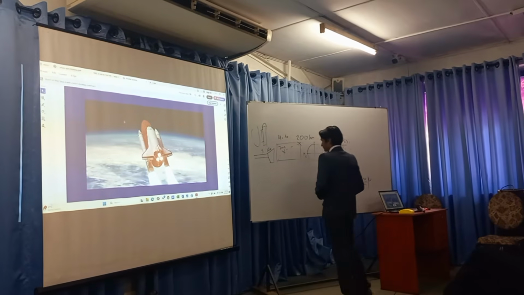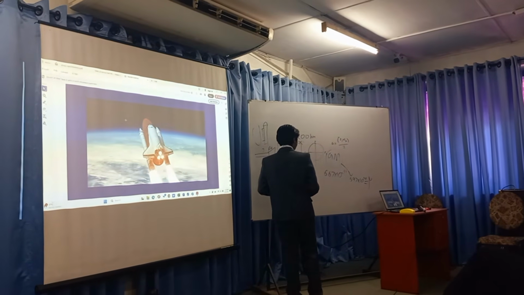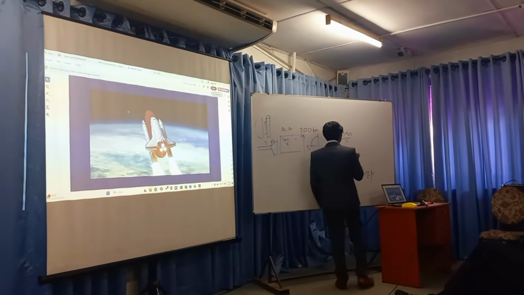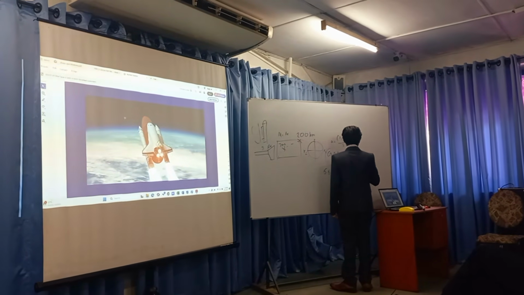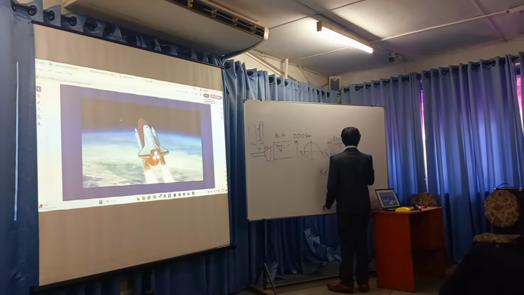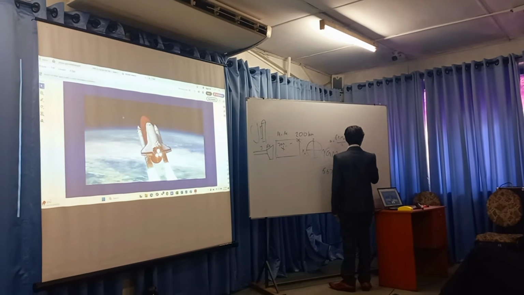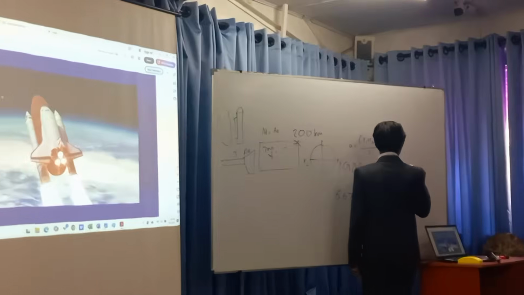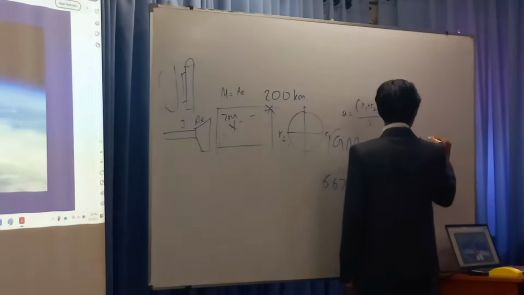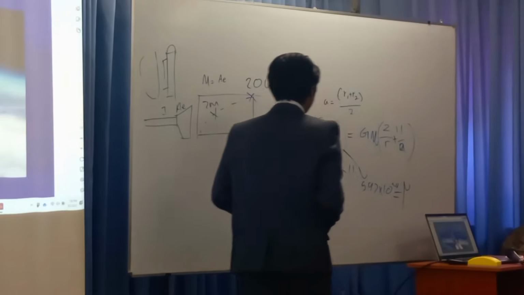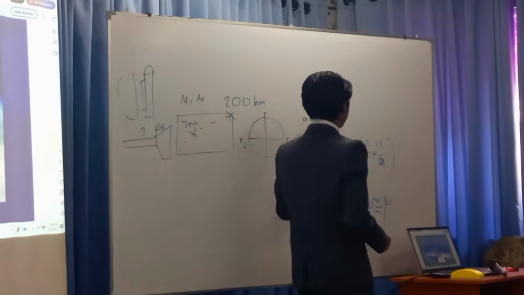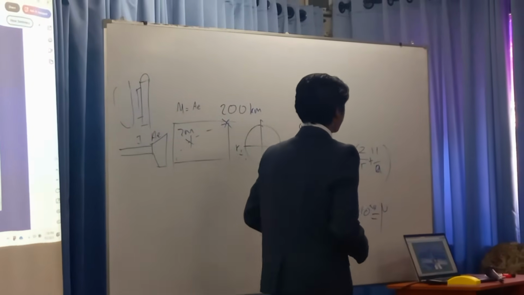So, if we want to calculate, for example, this is the basic equation that we would use for that. R is the current altitude, and R1 and R2 are the apogee and periapsis.